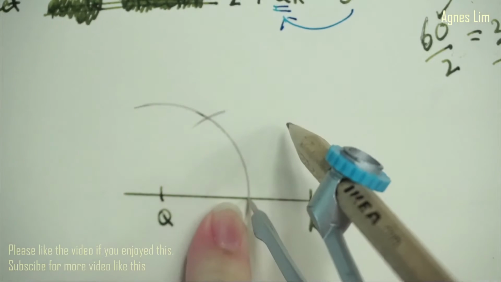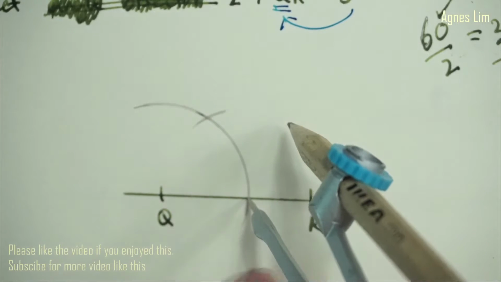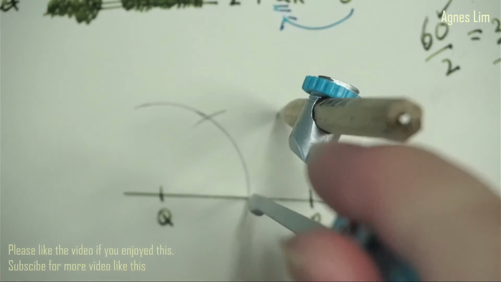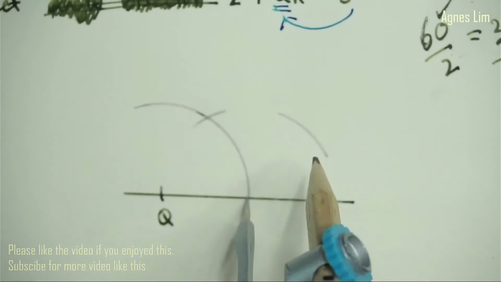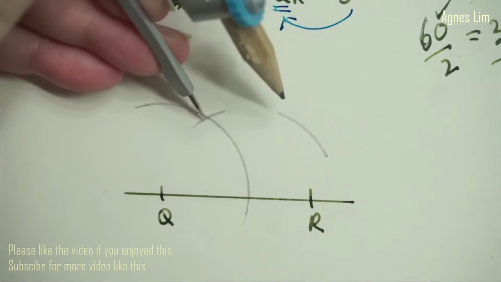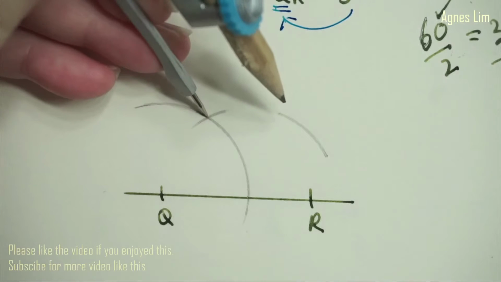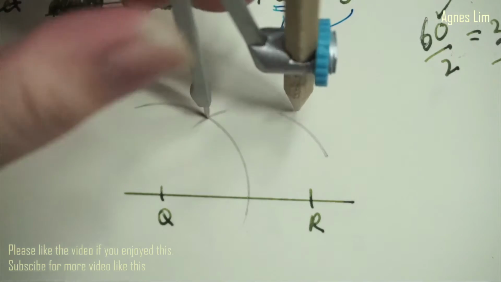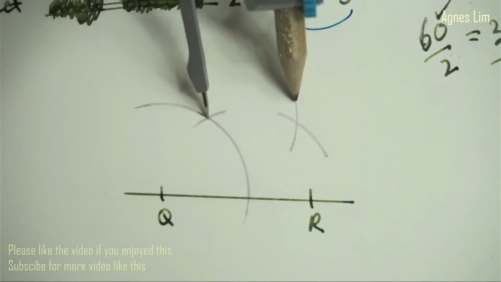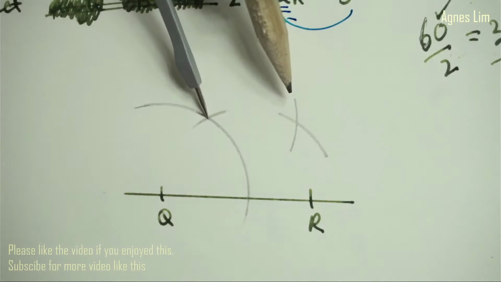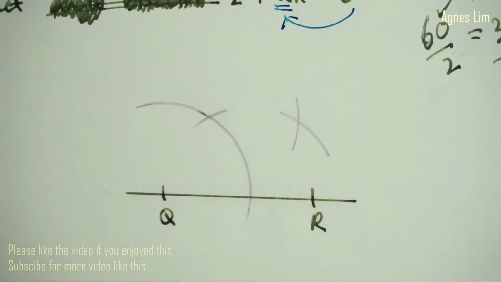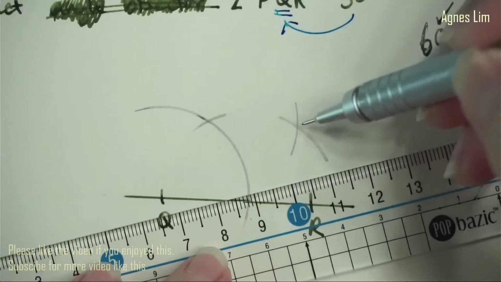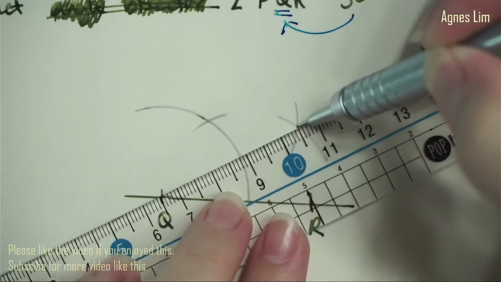Still keeping my position at the first point here, I'm going to do the first part of the X, and then move over to the big arc here, and then draw the second part of the X. Connect the X to point R.